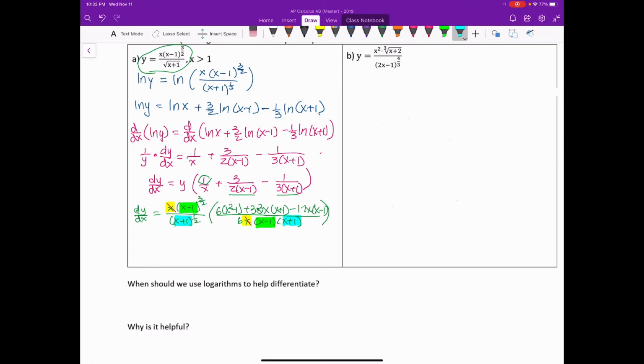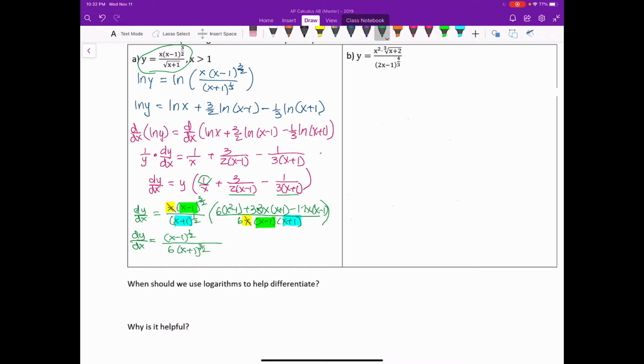So let's look at what we get. We are at dy dx is equal to x minus 1 to the 1/2, because I'm combining those two. And 6 is still there, but the blue ones that I highlighted are going to give me x plus 1 to the 3/2.